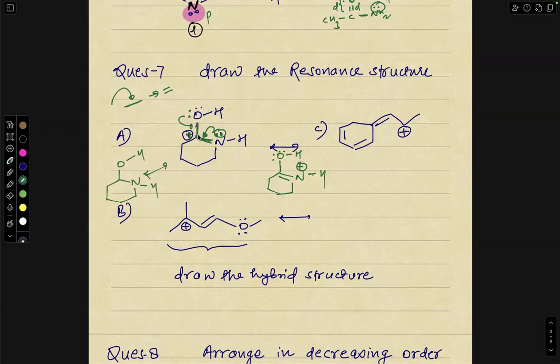Oxygen donates its lone pair of electrons to the neighboring bond. So we have a double bond here because of the arrow on the bond, and oxygen donated its lone pair, so positive charge. We have two lone pairs of electrons, but it donates only one lone pair, so we still have one lone pair. So these two are the possible resonance structures. Make sense? Clear?